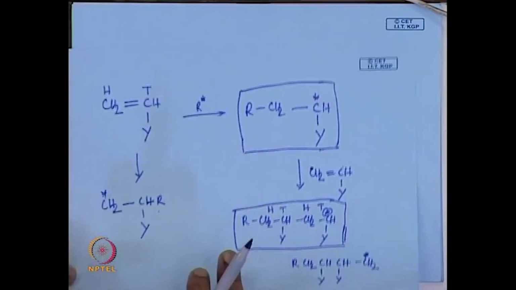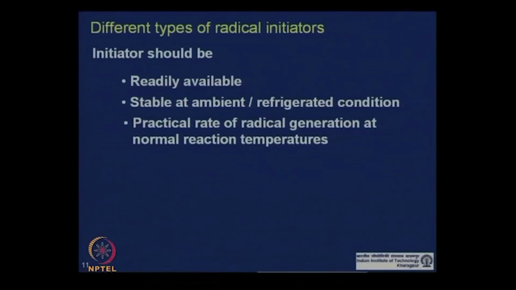Now, we are talking about radical polymerization and what are the different types of initiator we can use. Now, what is the source for initiator?